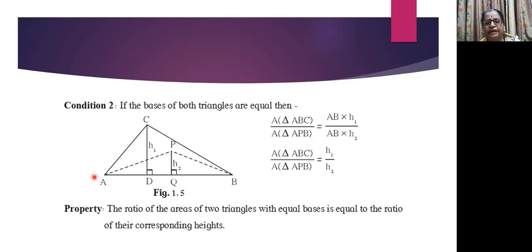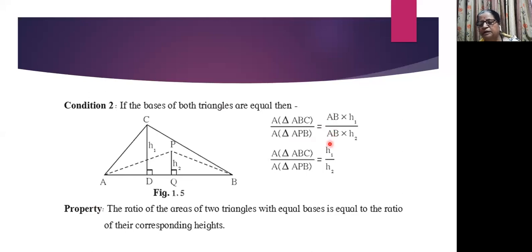Therefore, area of triangle ABC is equal to AB into H1, where AB is a base and H1 is a height. And the other triangle, APB, is AB into H2, where AB is a base and H2 is a height.